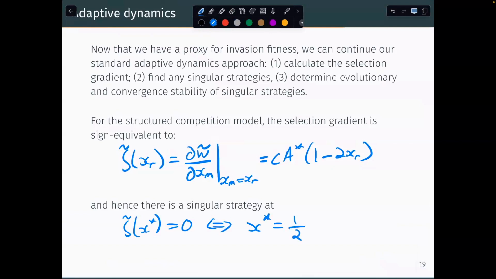A star is our non-trivial equilibrium for our adults. That can't be negative or 0. C is just a combination of our parameters in our model, so that can't be 0 either. So 1 minus 2 x star must equal 0, so x star must equal a half for our singular strategies.